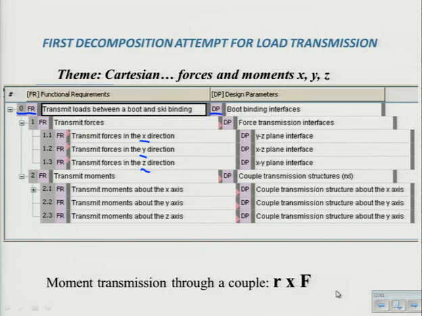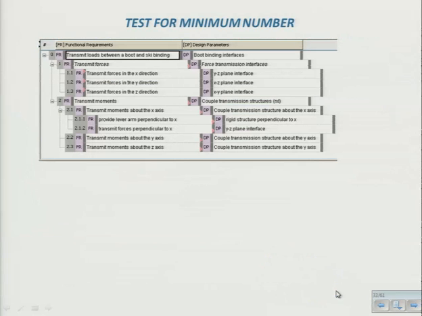So we're transmitting the moment through a couple, which is how you do this mechanically. All right. So now we figured out, geez, I've got to transmit loads across an interface, and so here are some structures I need to do that. So transmitting loads is a common problem in mechanical engineering.